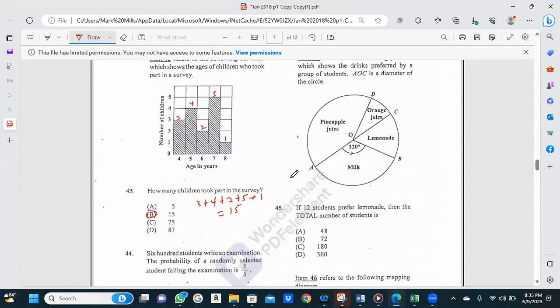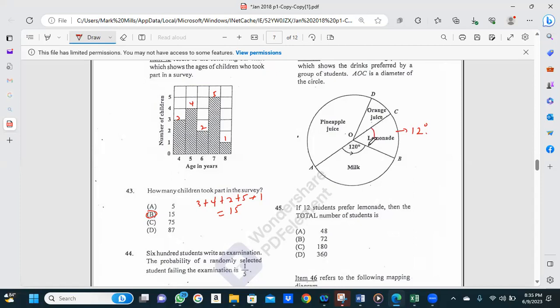Number 45. If 12 students prefer lemonade, then the total number of students is what? Lemonade is 12 students. Follow me, everybody. So for me to do this, I need to find out how many degrees for lemonade. If milk is 120 degrees, how many degrees should be for lemonade? Anybody can tell me?